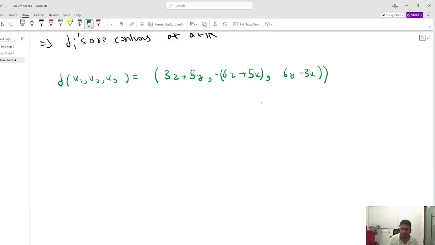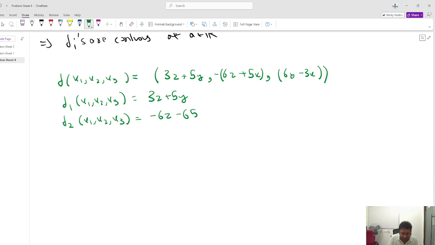I hope I haven't made any calculation mistakes. Now, you can clearly see that f1 of (x1, x2, x3) is 3z plus 5y. Even you can use your epsilon delta, but this you have done, so no issues. Sorry, not 65x, 5x.